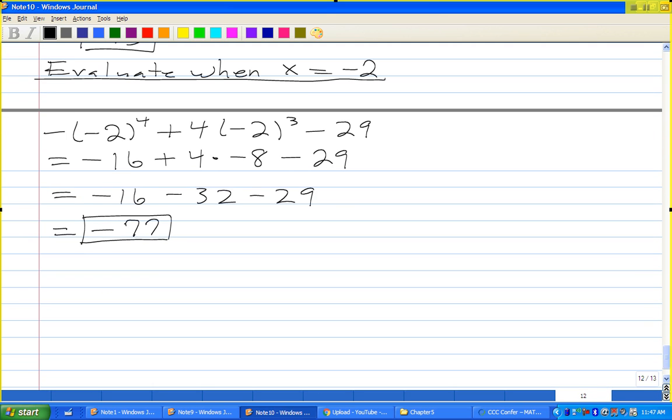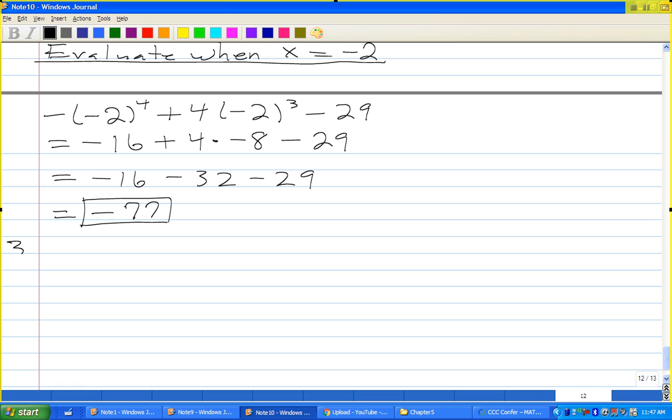So 37. Let's do problem 37. 11x to the 4 minus 9x cubed plus 2x squared plus 10x minus 5.